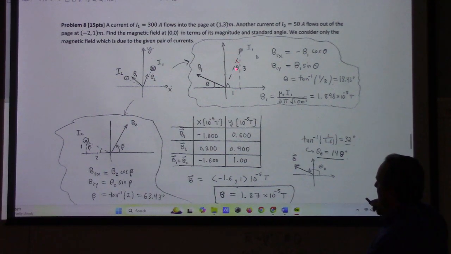So I'm relating the angle here to the angle there, which is apparently inverse tangent of 1/3. B1 has a negative x component but a positive y component, whereas B2, on the other hand, is going to have a positive x and y component, right? And so I just work out the geometry of the problem down here.